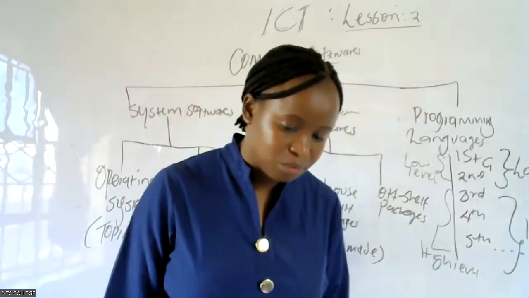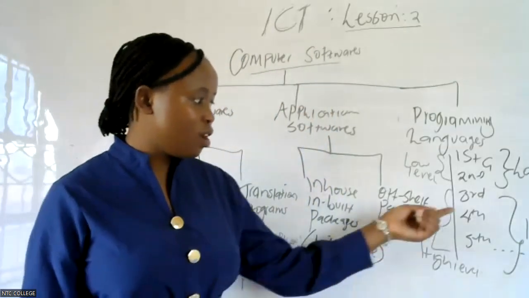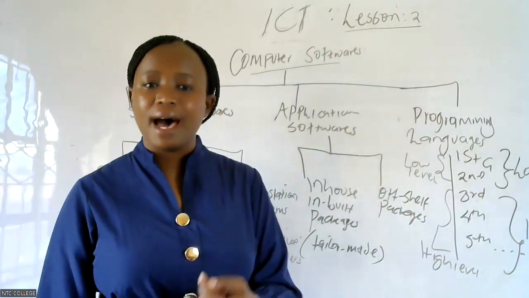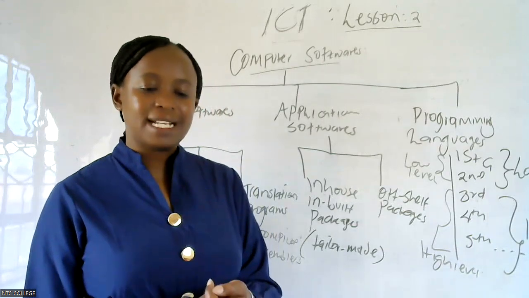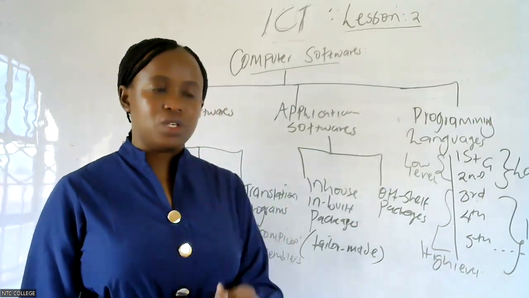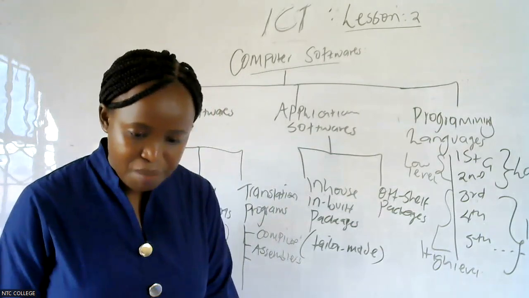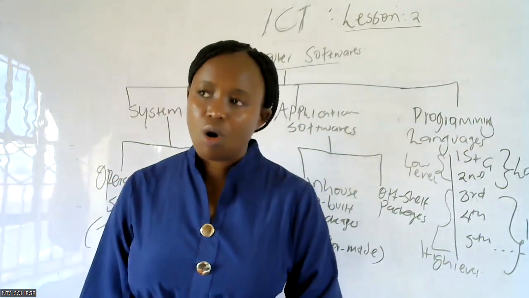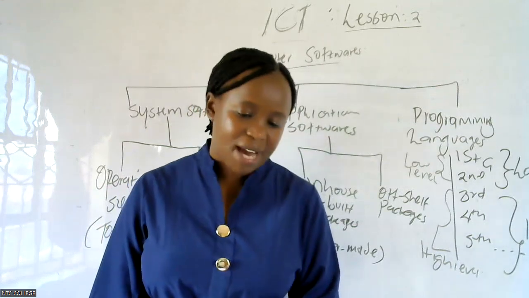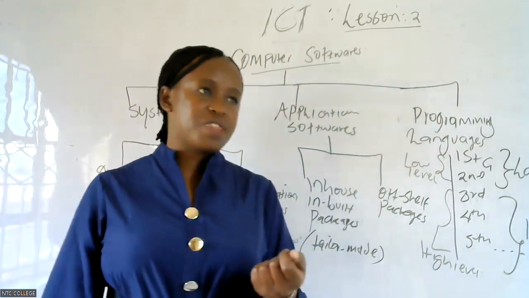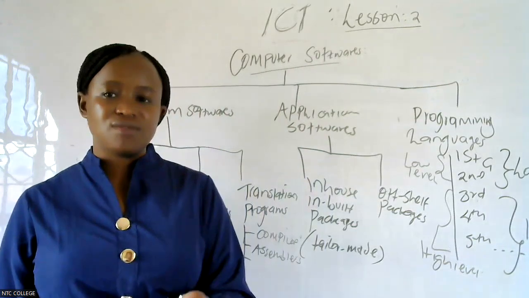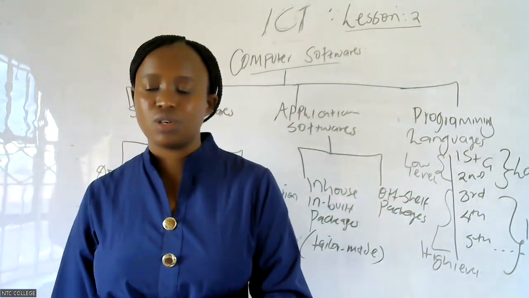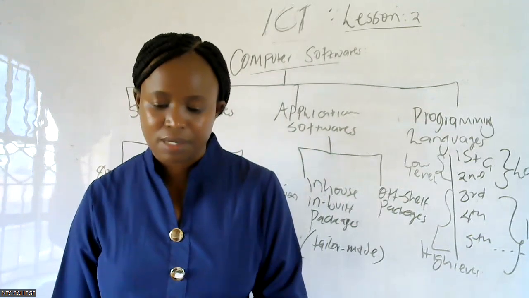I'll repeat again. The fourth generation of programming languages were non-procedural. That means a user of an information system was allowed to specify the results without having to give the machine the specific procedures to follow to achieve that result.